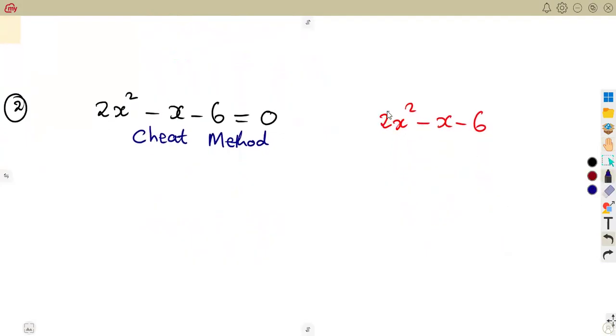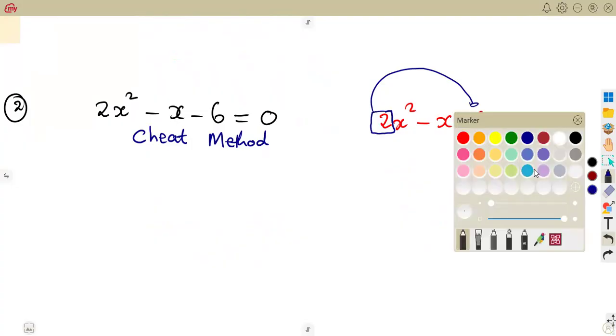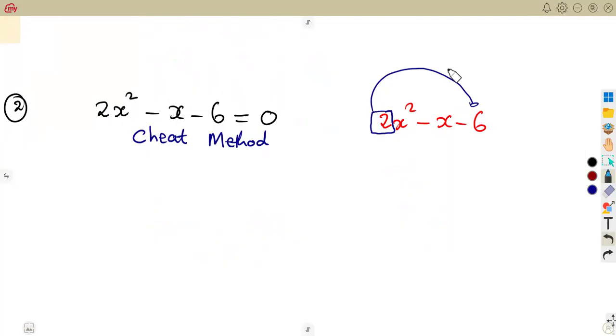As we can see, there's a number here which is given. So what we are going to do is to remove this number and multiply it to the last term. Let me write it so that we properly see what is happening.